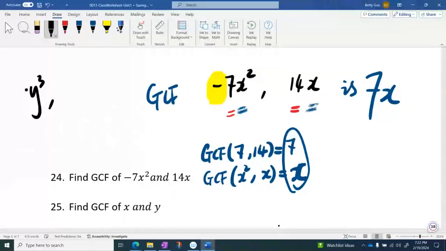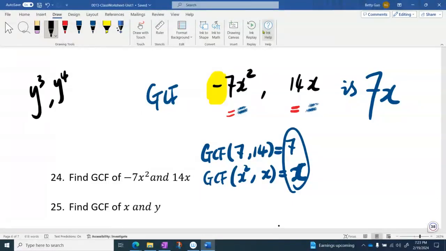y cubed and y. What's the GCF of y cubed and y? y. What about y cubed and y to the fourth? GCF of y cubed and y to the fourth. Would it be y cubed? Yeah. So when you see two powers with the same base, the GCF is always the one with the lower degree.